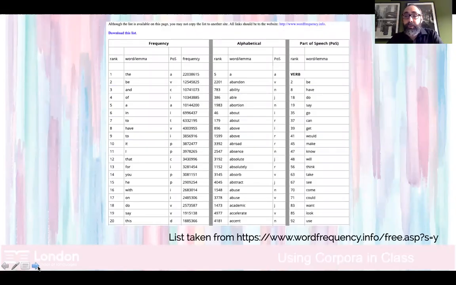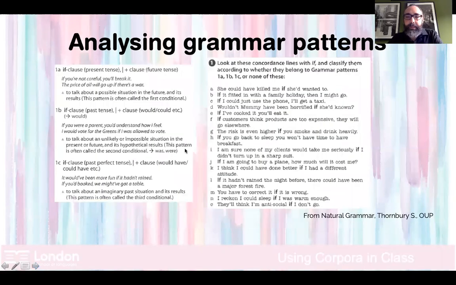This is because I wanted to mention a book by Scott Thornbury, Natural English. What he did was he took the 100 most common words in English and he arranged his grammar book around those words. And there in Natural English, you can find quite a lot of exercises using corpora like this one, analyzing grammar patterns.